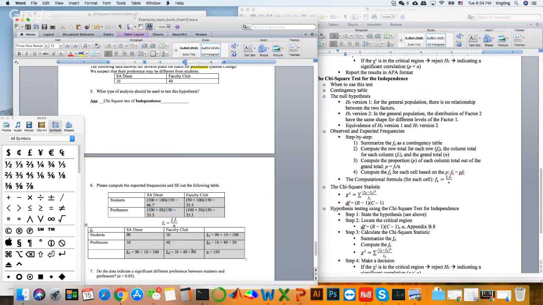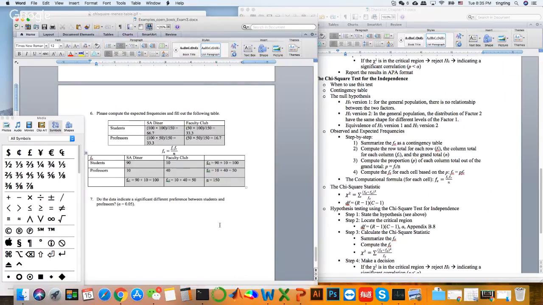This cell, 50 times 50. FC equals 50, FR equals 50. So here should be another 33.3. We have the expected frequency computed.